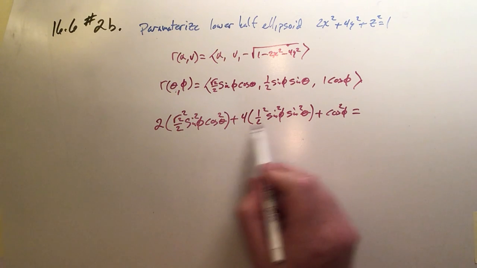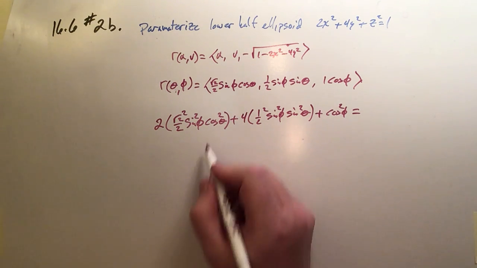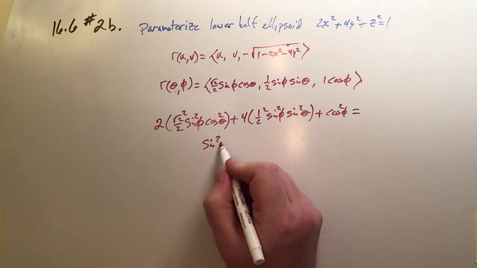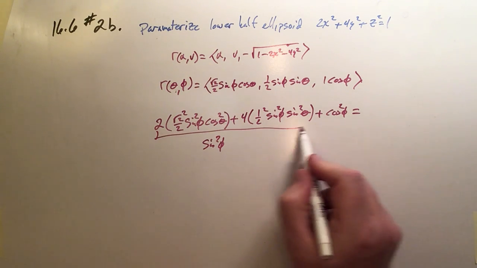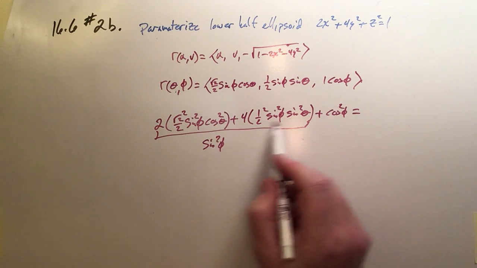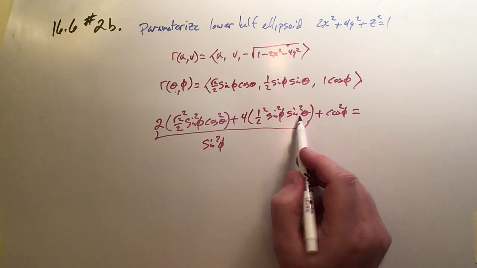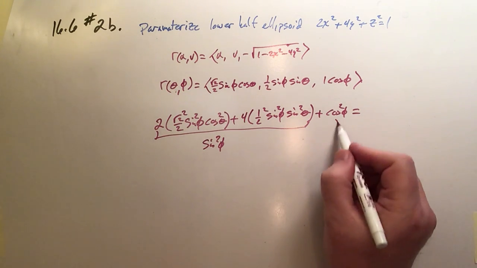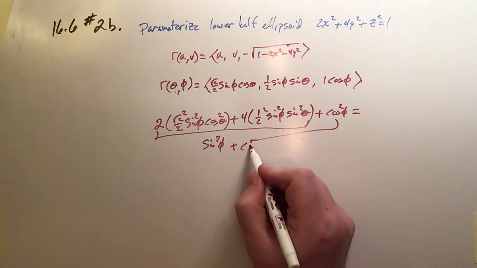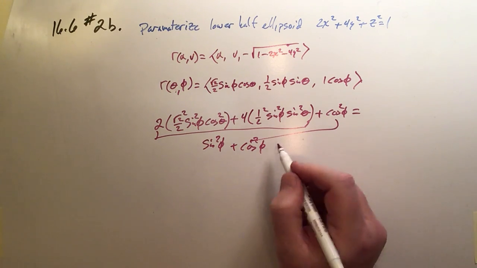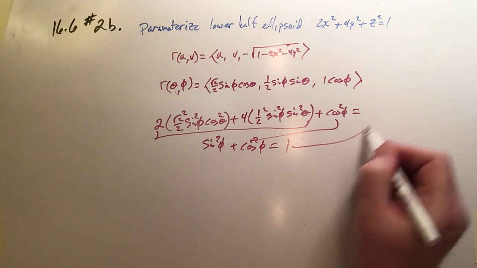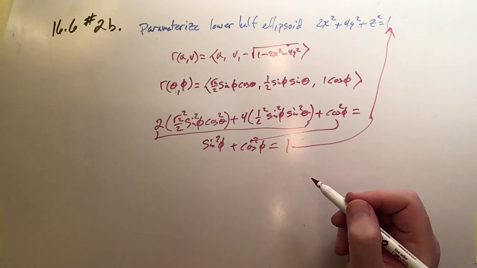So sine phi squared, cosine and sine, this is going to make sine squared phi if I just pull it out of both of those, and I factor out the cosine squared and sine squared, that's 1. And then add on plus cosine squared phi, and of course this equals 1, and what do you know? It equals 1.